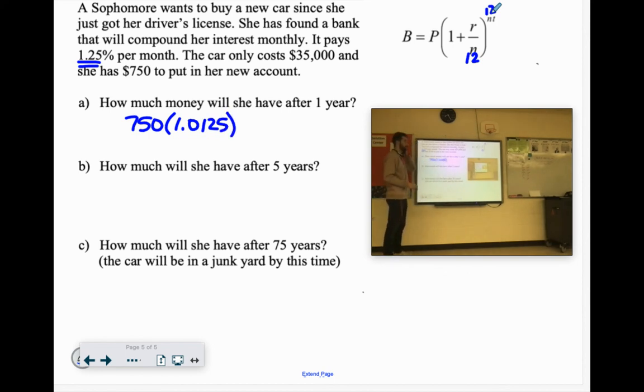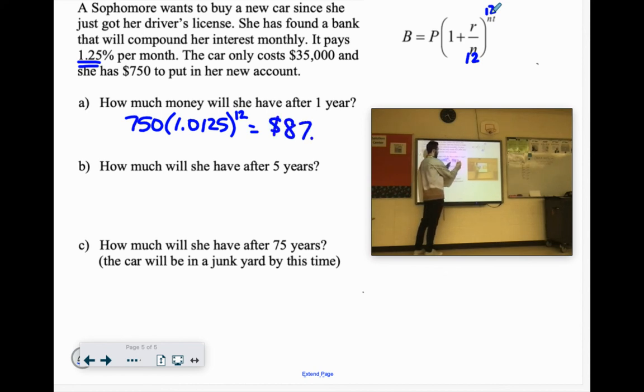Now remember, we have to do number of months n times number of years. So they said after 1 year, so it would be 12 times 1, which is 12. 1.0125 to the 12th power, 1.16075 times 750. All right. This sophomore has $870.57.